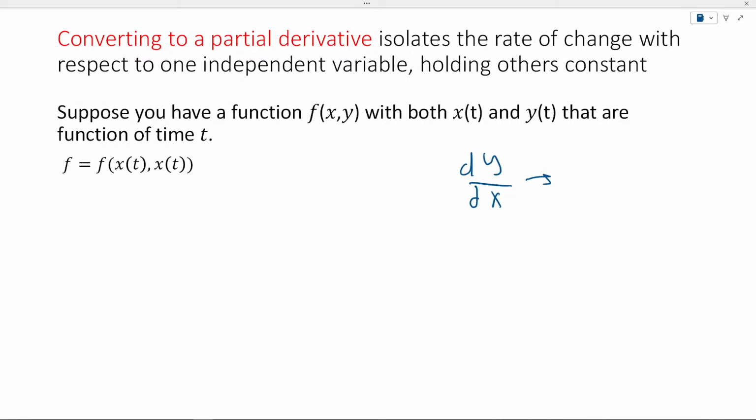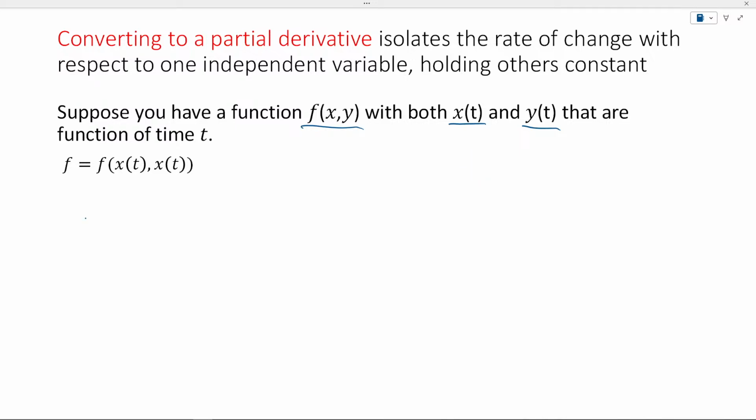Yeah. So here, suppose we have a function f, where x is a function of t and y is a function of t. So I have f of x, where x is a function of t and y is a function of t. Then the total derivative with respect to t can be expressed, so let me just delete this guy.